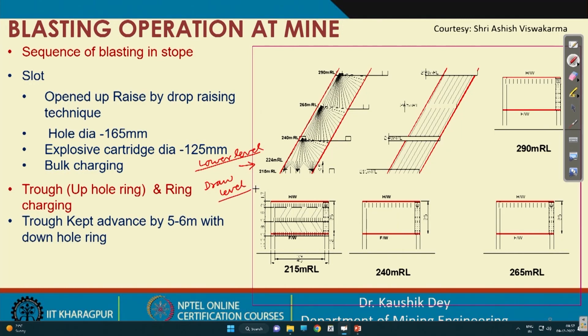The draw level means whatever material is blasted, that is taken out from this level. Here the machines are operating under a completely safe roof, and that is why you can see these are the solid rock mass. This solid rock mass is guiding the rock to come in this direction.